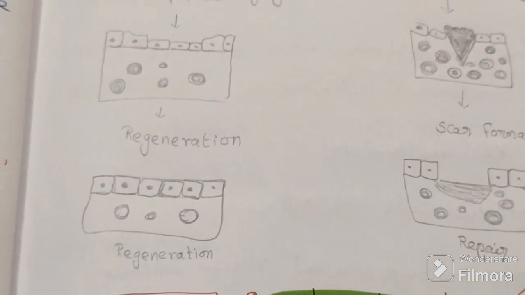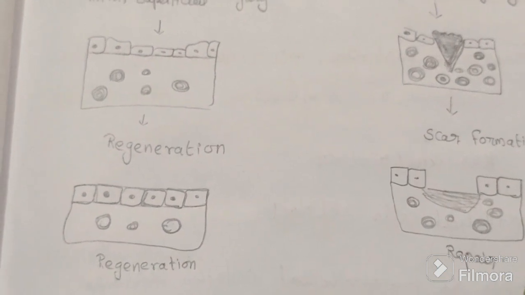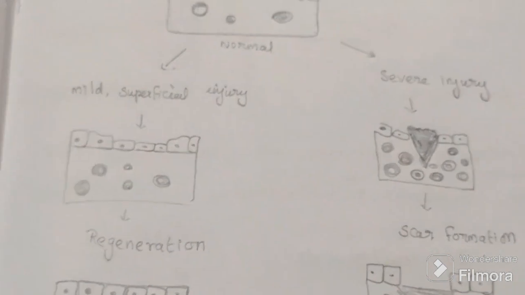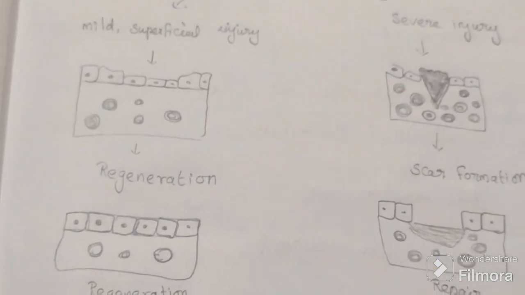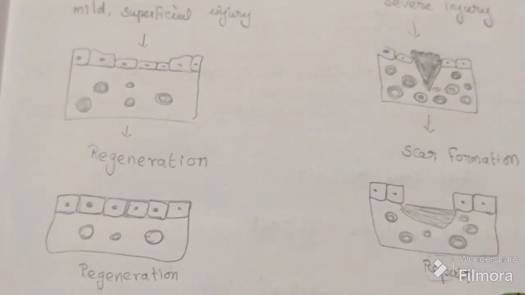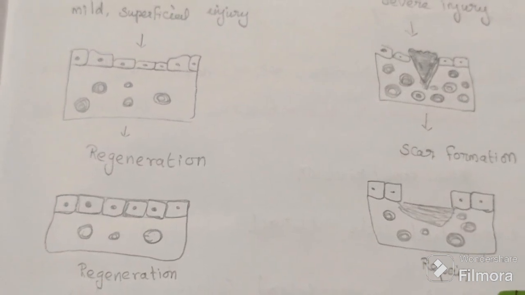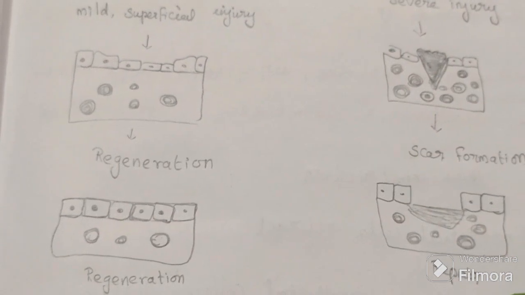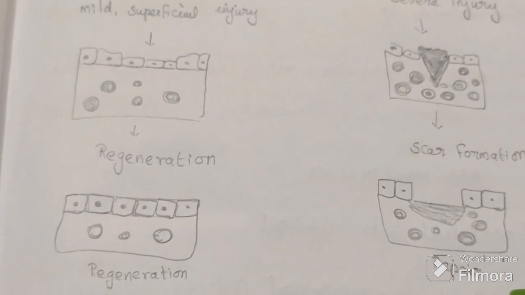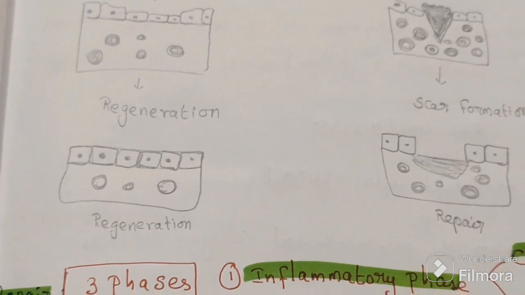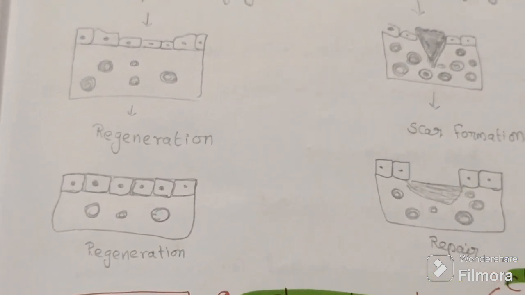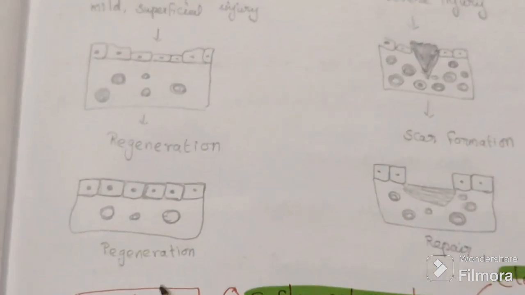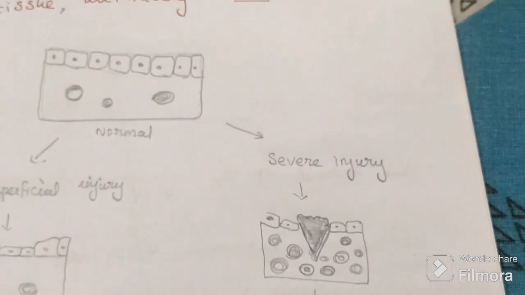The same structure and function is restored in regeneration because the injury is very superficial. Whatever cells are lost are replaced by the same type of cells. That process is called regeneration.